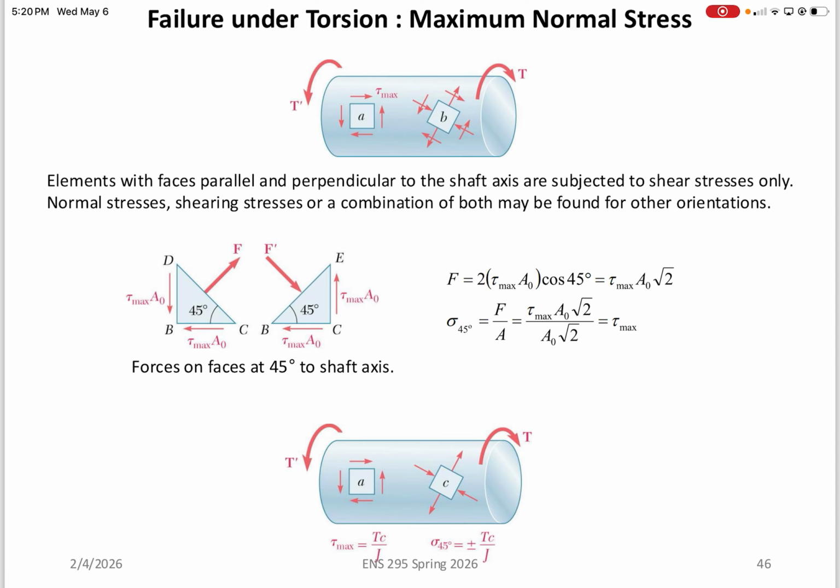In this case, the normal stress felt along some face of interest is at a 45-degree angle from whatever maximum shear stress is being experienced by the torque. Now, this is assuming that the torque is the only applied load in this case.